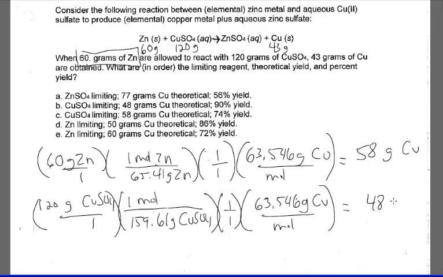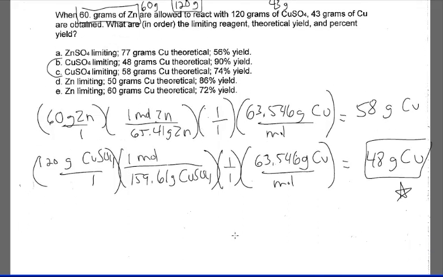And this gave us 48 grams of copper. So the limiting one is this one. It's smaller, which means the copper sulfate is our limiting reactant. Okay, so we now know that the answer is either B or C. So the question is then, how much do we actually make? And we said 48 grams, which tells us it's answer B.